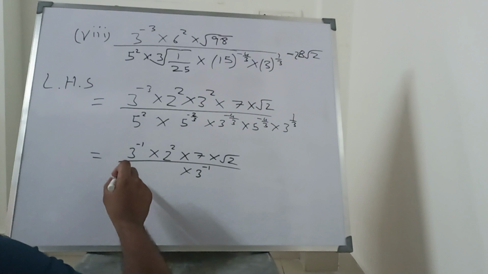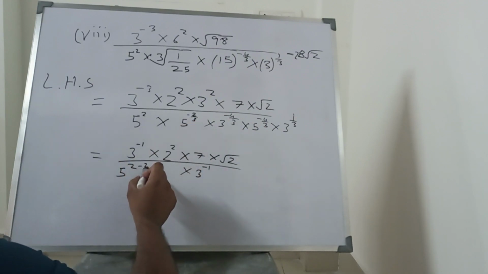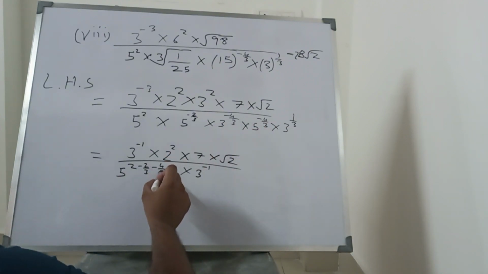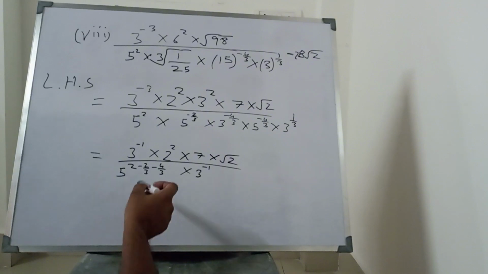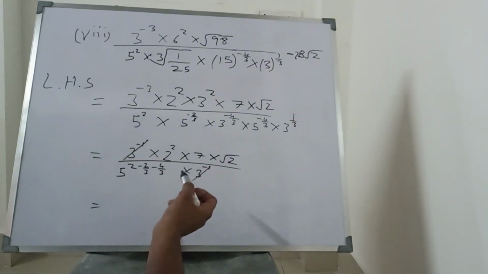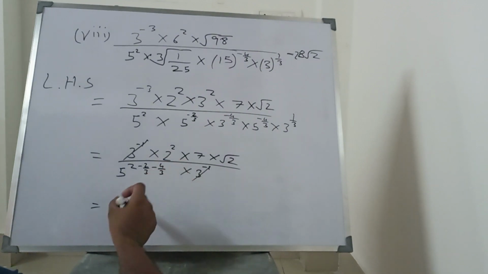Apart from this, if you take this 5 to the power 2 minus 2 by 3 minus 4 by 3. If you take the LCM, you will get something like this. 3 and 3 get cancelled, obviously. So what you will see is this thing gets cancelled.